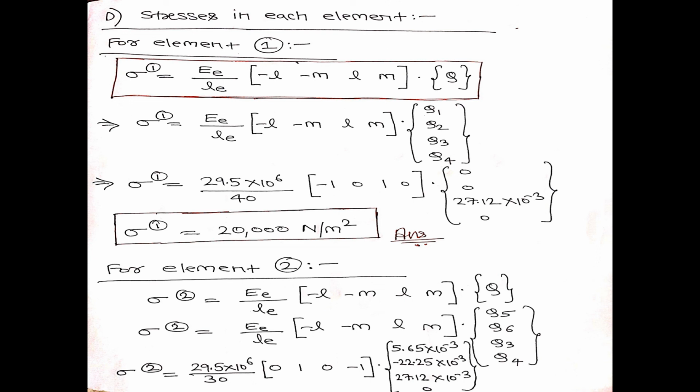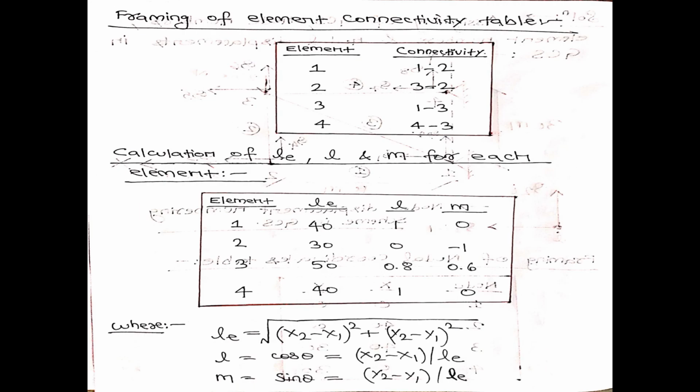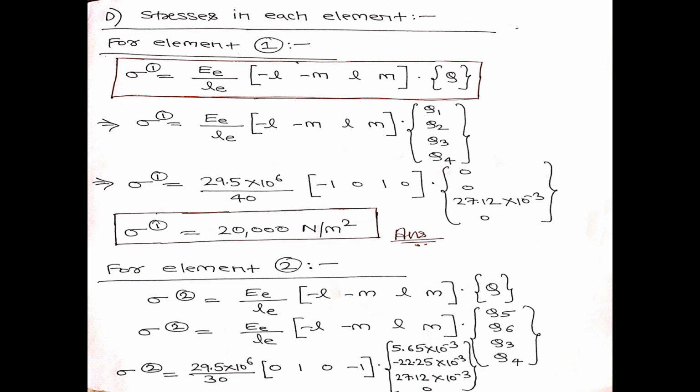6 divided by Le. So from the very first table I have to find out what is the equivalent length of the second element. So I can see that equivalent length for the second element is how much? That is 30. So this value is 30, this value is 30 into, now I have to substitute in place of this lm the values of lm for the second element.